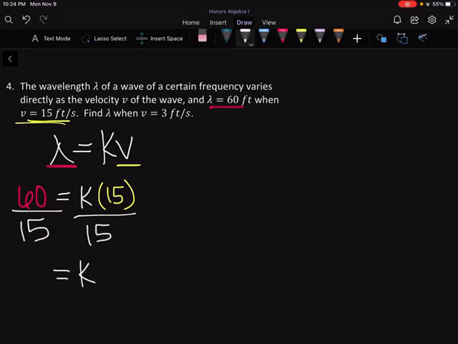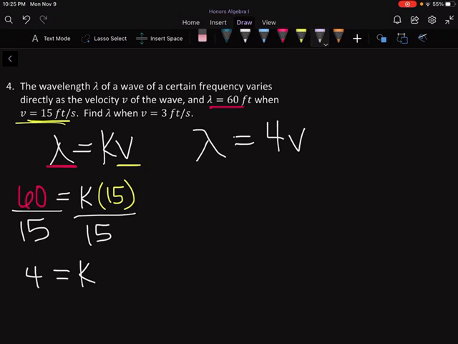So k is equal to 4. So I know that lambda is equal to 4 times velocity. Find the wavelength when velocity is 3 feet per second.